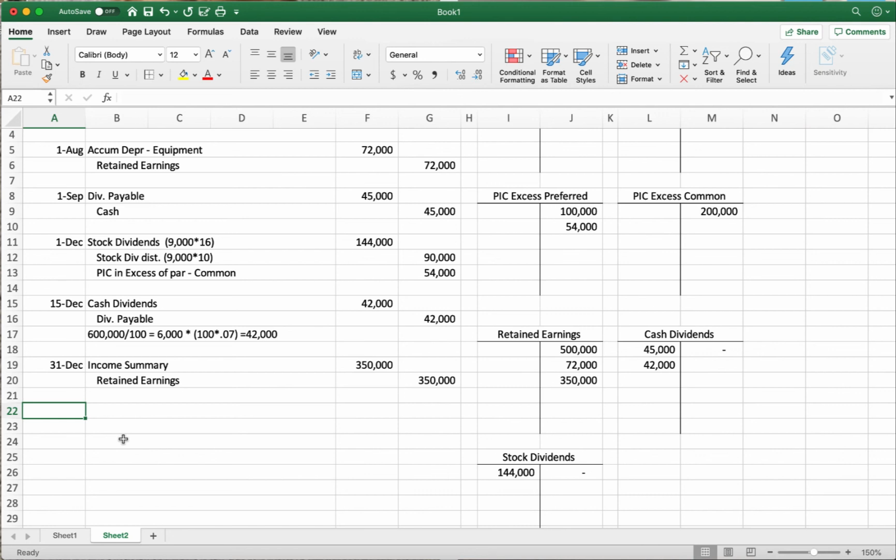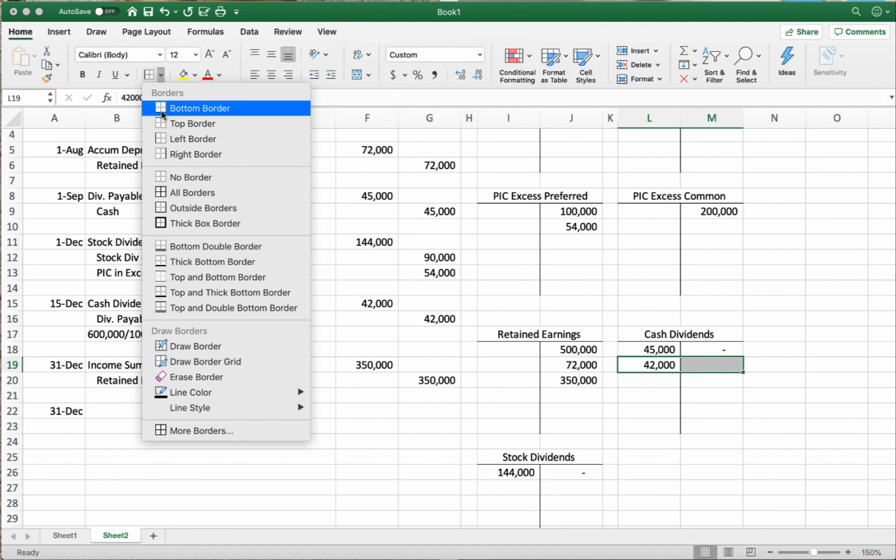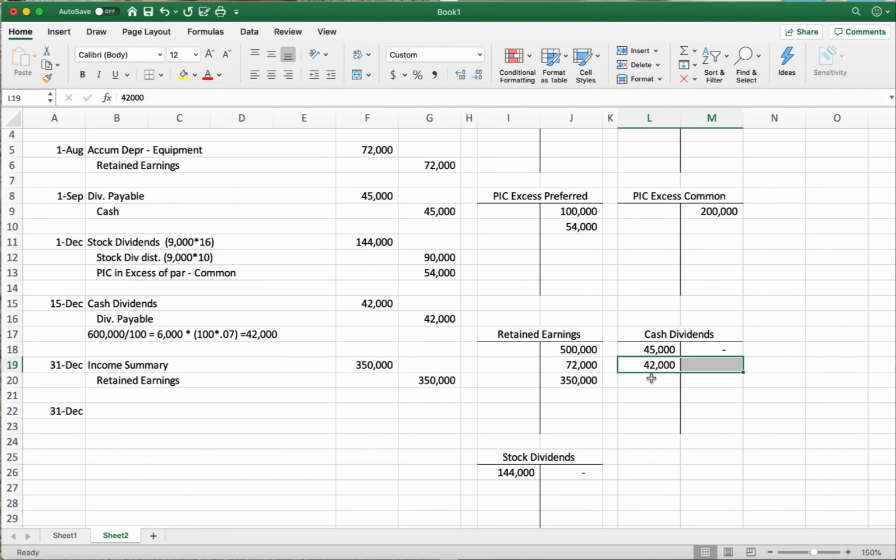Okay. The next accounts that we need to close are the cash dividend accounts and the stock dividend accounts. Okay. So let's just focus on the cash dividends. Got to close that account because it's a temporary account. So it has a debit balance, right? Let's go over here and calculate it for us. So we have a debit balance of $87,000, right? Obviously, we need to credit that. We need to post this entry to the retained earnings.